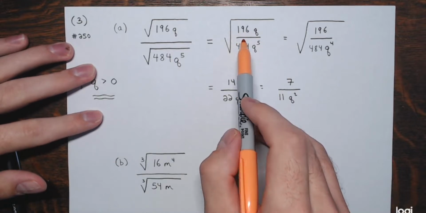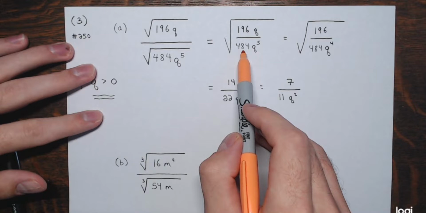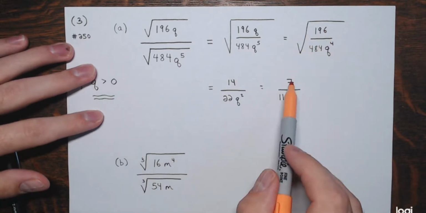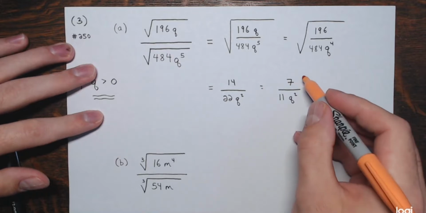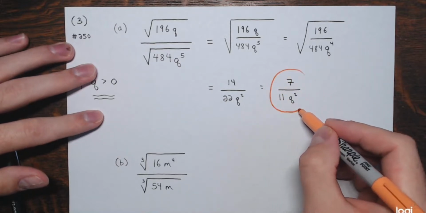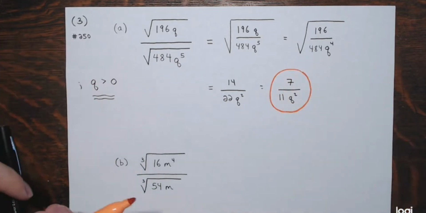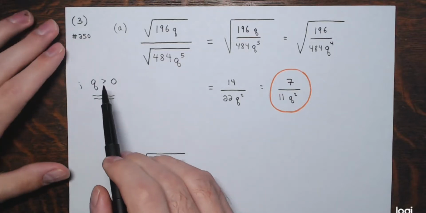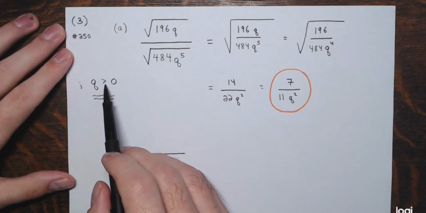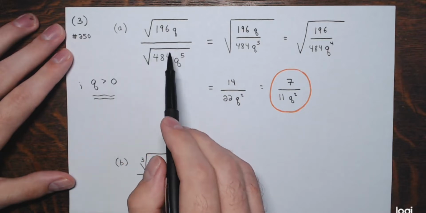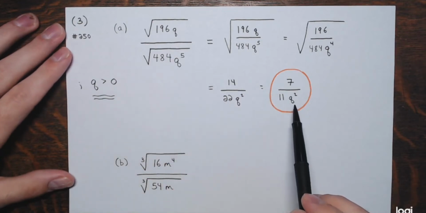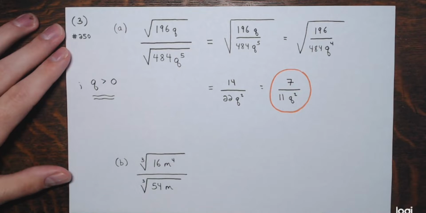This is 4 times 121, so you'd end up with 49 over 121, and then take the square root, so you get 7 over 11. All right, but either way is fine, and there you go. And again, you can check it out, test it, plug in any positive number for q, and see that the value of the original expression is the same as the value of the final expression. But I leave that to you.